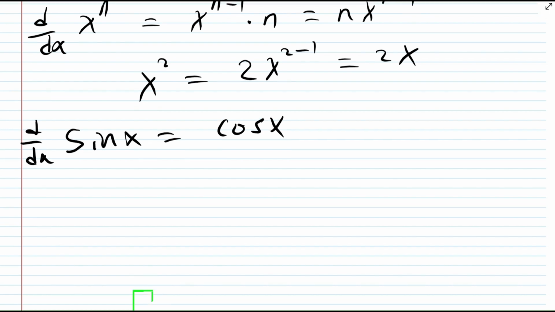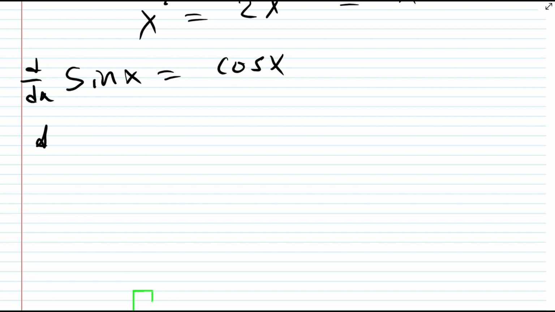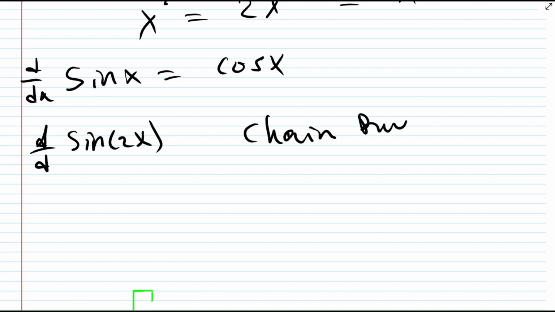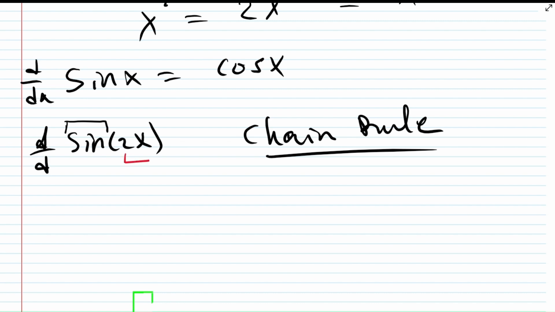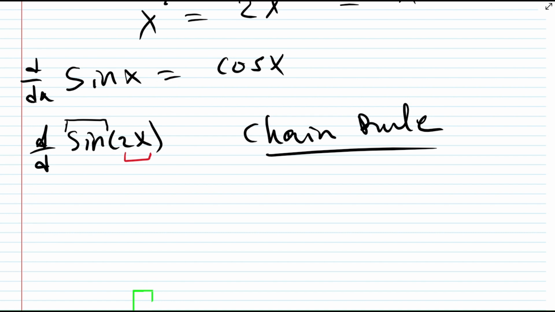And if we have a function, let's say d over dx of sine of 2x, in this case we have to use the chain rule, which is, right, you have to differentiate the outside portion, here the sine, and maintain the inner portion and multiply that by the derivative of the inner portion.